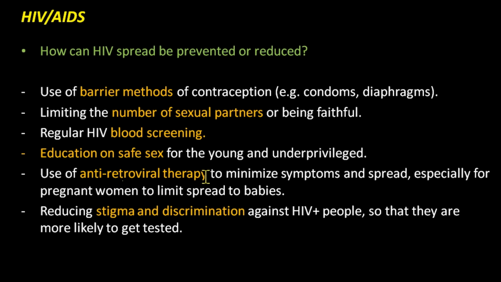There's also specific medication therapy that's used for pregnant women to limit the spread to their babies. There's also reducing stigma and discrimination against HIV positive people so that they are more likely to get tested and they'll know what the next steps are, at least in order to prevent further infection and further spread of the disease.